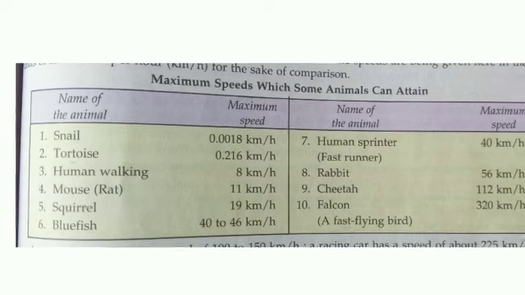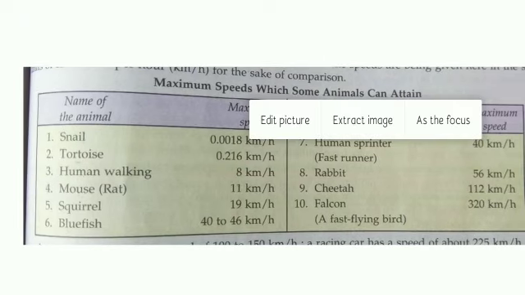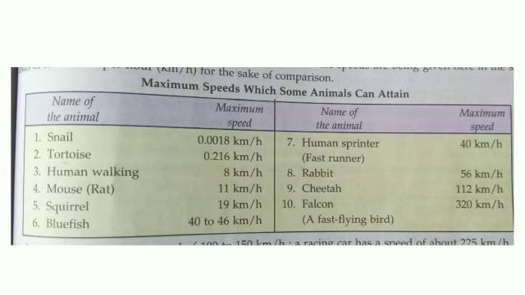These are not in your book, but just for your knowledge. Name of the animal and maximum speed. Snail, 0.0018 kilometer per hour, the slowest speed I think.